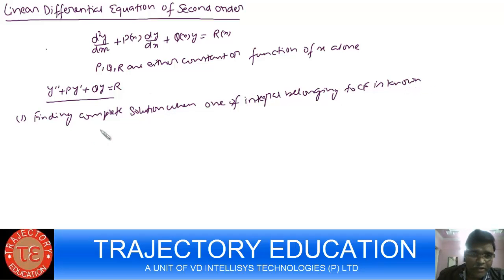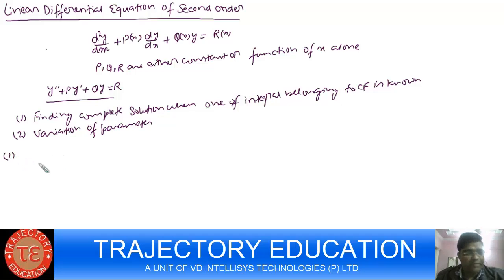Since it is a differential equation of second order, there will be two integrals in the complementary function. So if one is known, we will see how to find the complete solution. The second will involve the variation of parameter. So let's start with the first one.